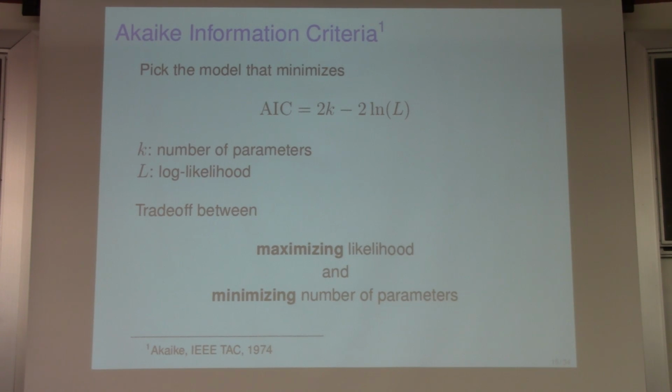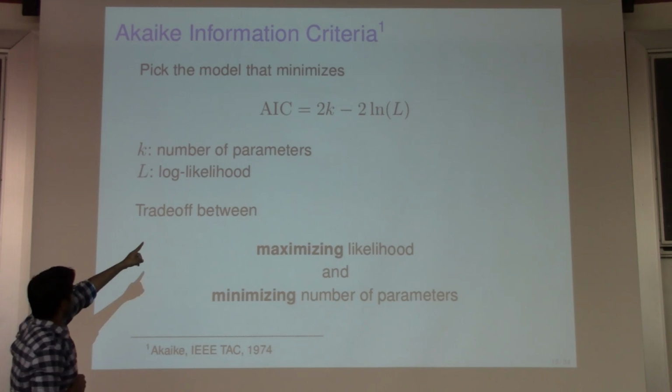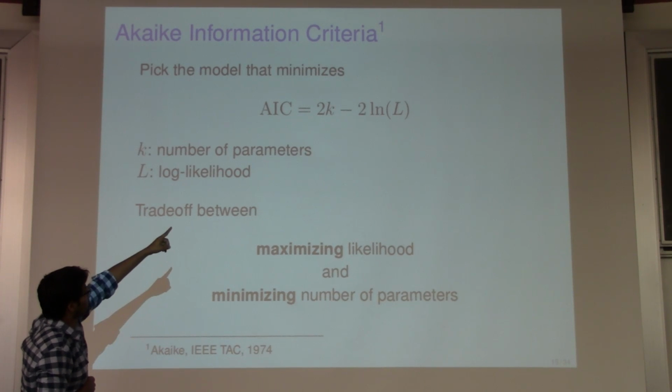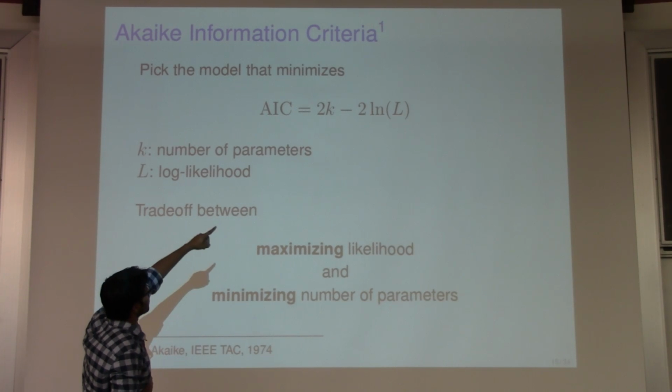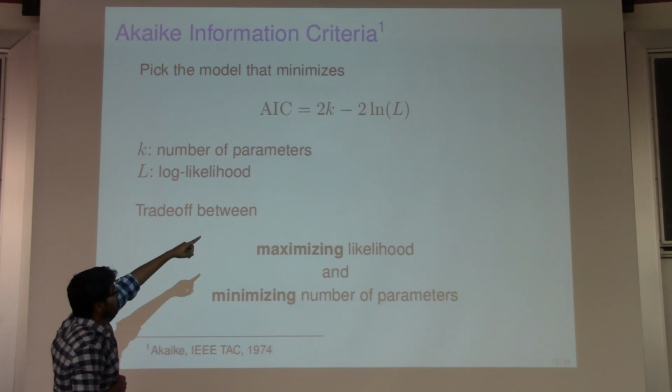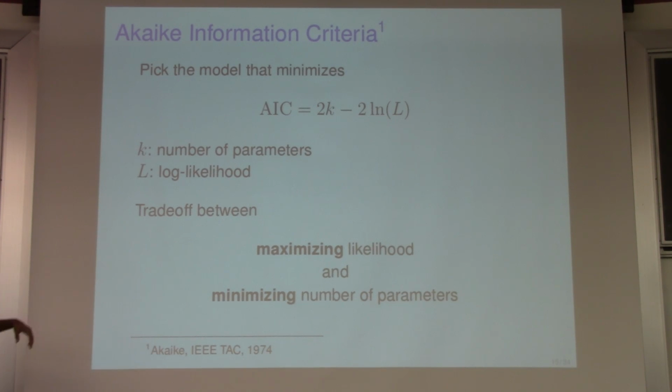But this basically says minimize AIC, which means you minimize the number of parameters, k being the number of parameters, and you maximize the likelihood. So you maximize the likelihood, minimize the number of parameters, and it's a trade-off. And then based on the AIC value, you can say, okay, what is the model?